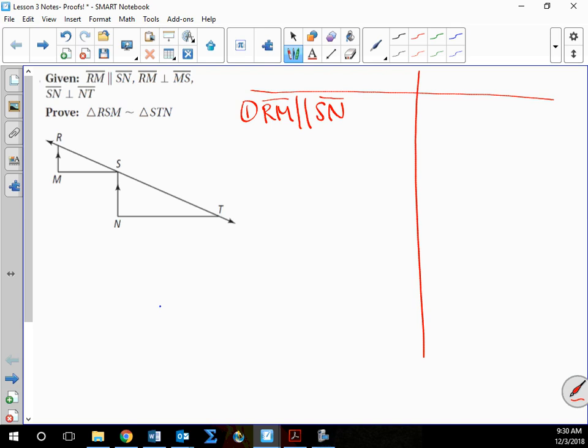They told us that RM is perpendicular to MS, and SN is perpendicular to NT. It's actually quite a bit of information. Just like always, let's translate this information and make markings on our diagram. We've already marked RM parallel to SN. Let's take a look at the perpendicular lines.